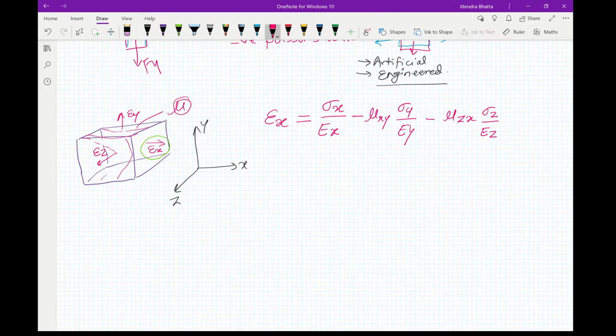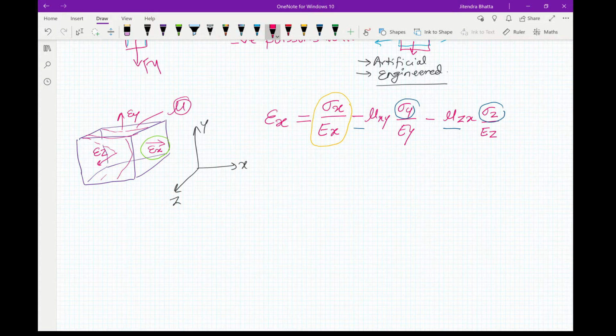What it's saying is that the total strain in the x direction will be given by our stress divided by Young's modulus in the x direction, and the stresses produced in y direction will have a negative impact because it acts in the opposite direction.